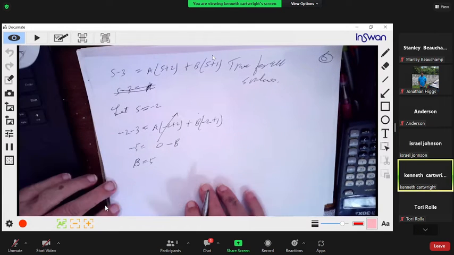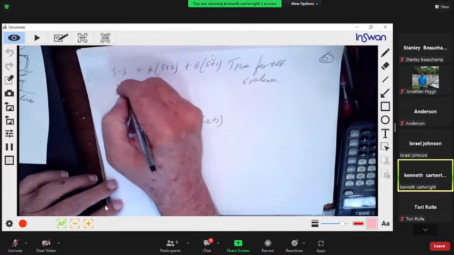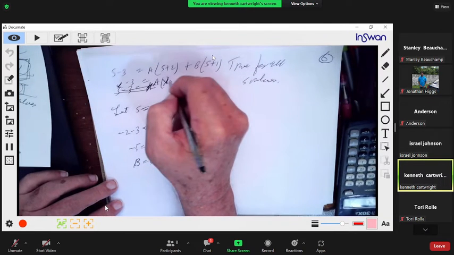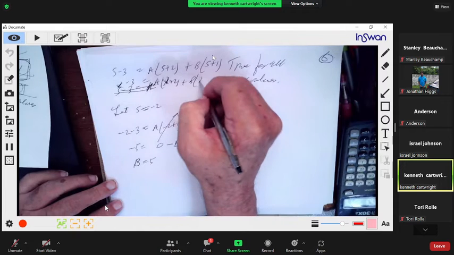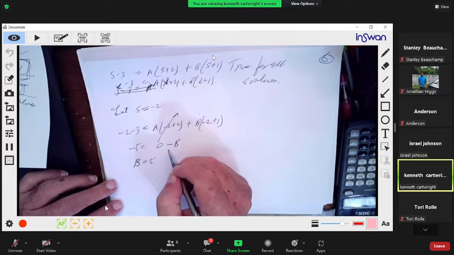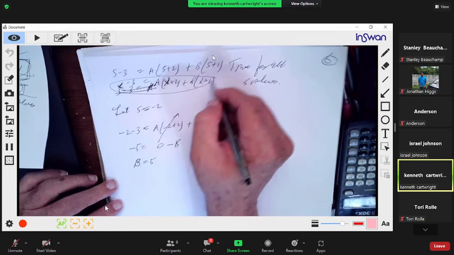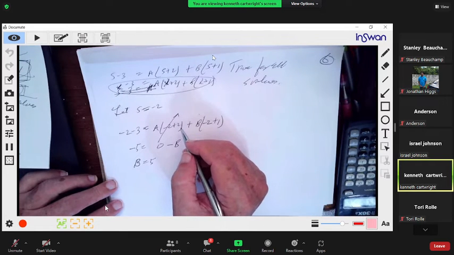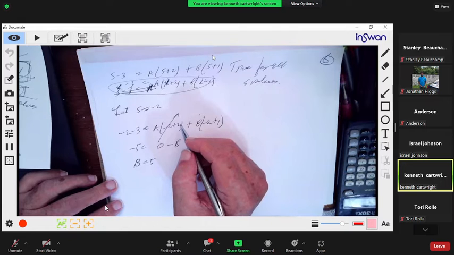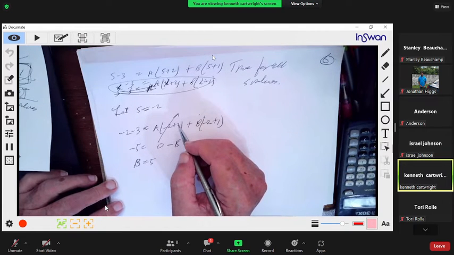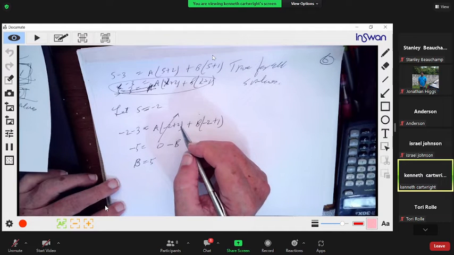If we wrote this as x minus 3 equals A times x plus 2 plus B times x plus 1, then it's correct, and this is valid for all x values. But our variable is not x. Our variable is s.